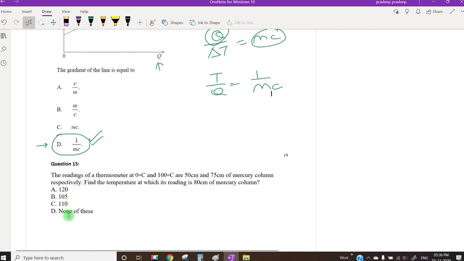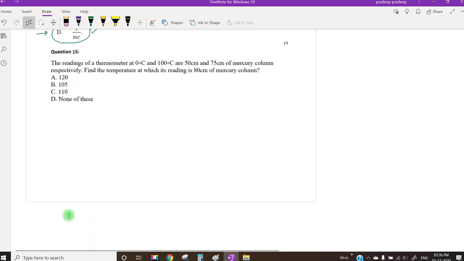Now the last objective question, 15th. Okay, Smera, did you solve this? What's your answer? I got D. Okay, but what was the final answer? I got 140 degrees Celsius. Okay, let's check.